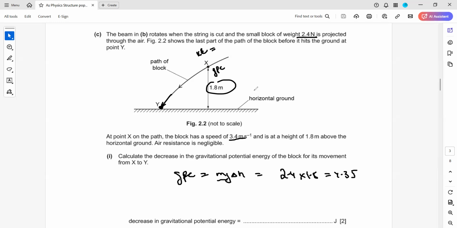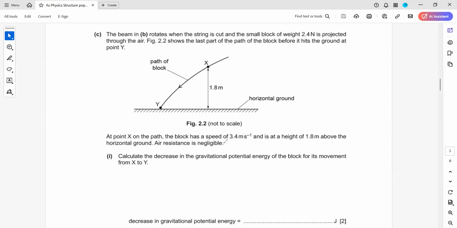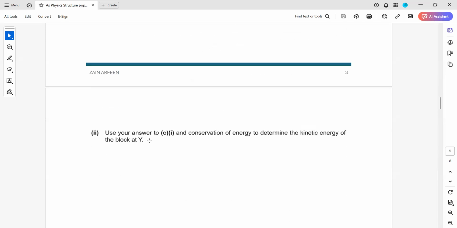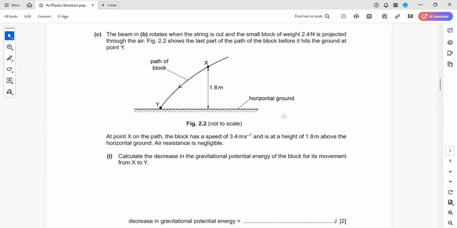How much is the kinetic energy? We need to use your answer to C1 and conservation of energy to determine the kinetic energy at Y. So at point X, it had kinetic energy and gravitational potential energy. But at point Y, it has only kinetic energy because its height is 0.